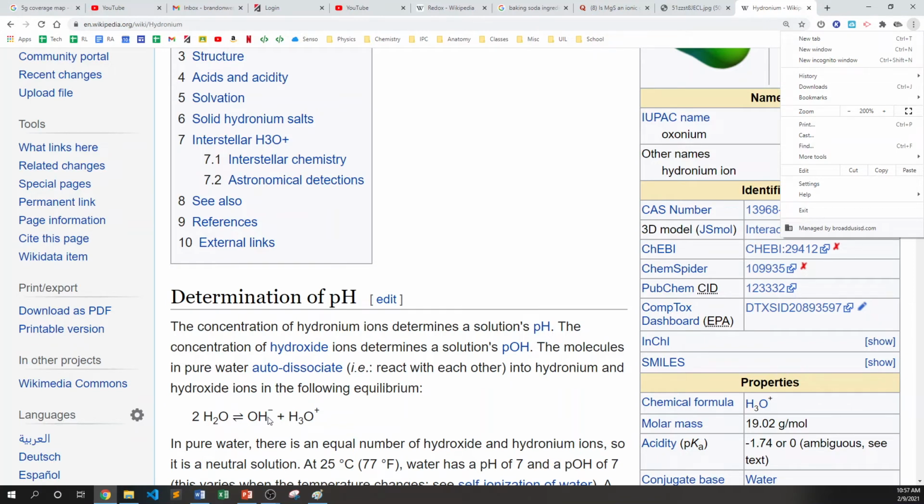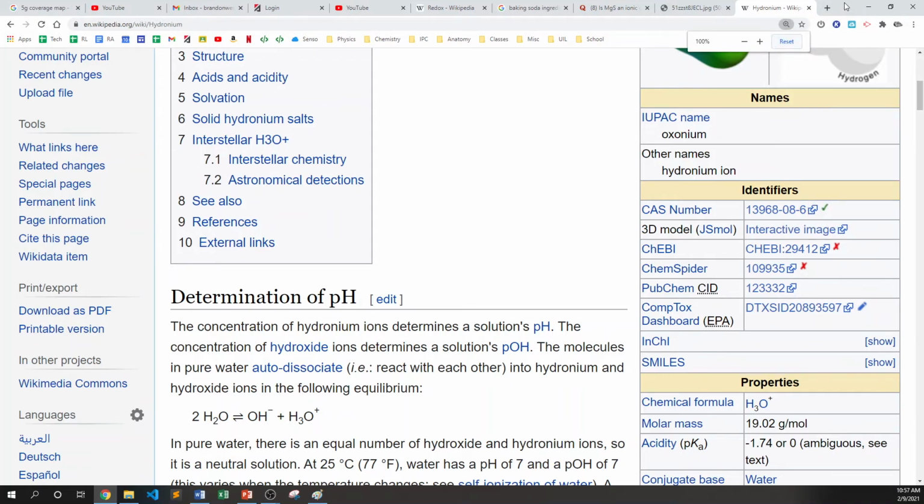We'll break into a hydroxide and a hydronium ion. It's well beyond the scope of a high school class, though. Or it's not beyond, but let's see, I'm trying to think of any major things I'm missing.